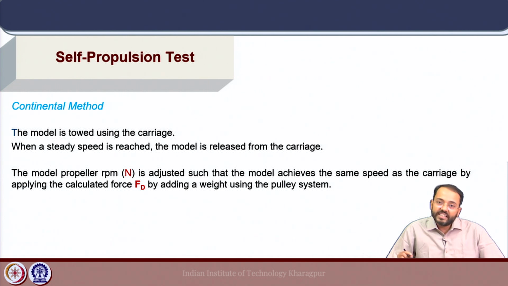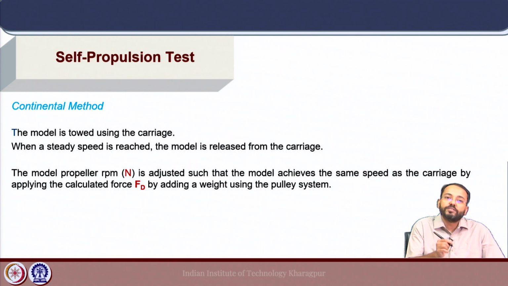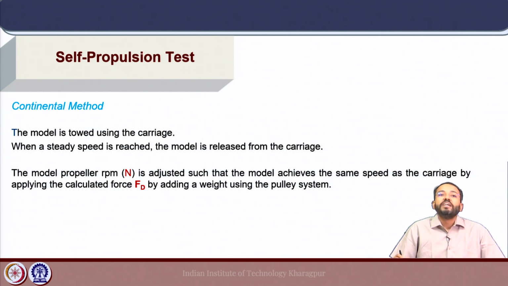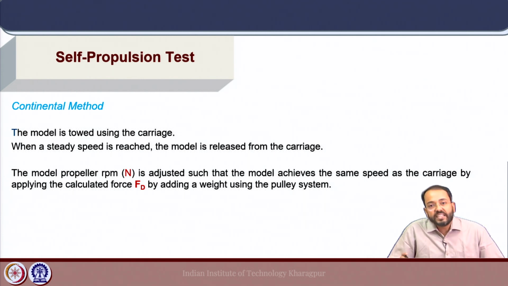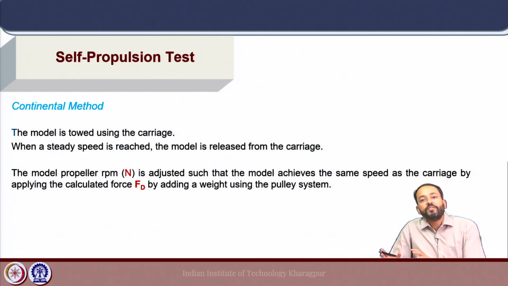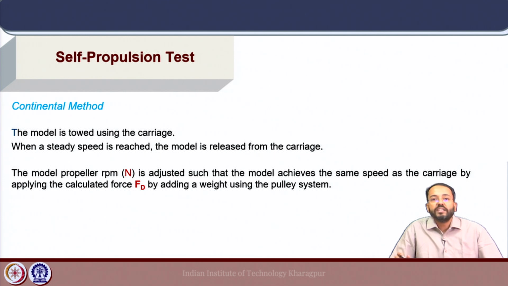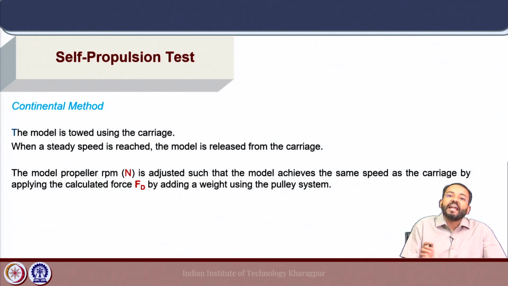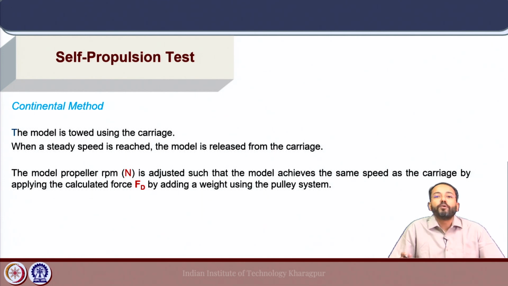So, at this particular ship self propulsion point, which corresponds to this calculated value of FD, we are adjusting the propeller RPM so that the speed of the model is equal to the speed of the carriage, and at this balance point the propeller thrust, torque and RPM are measured using a propeller dynamometer.